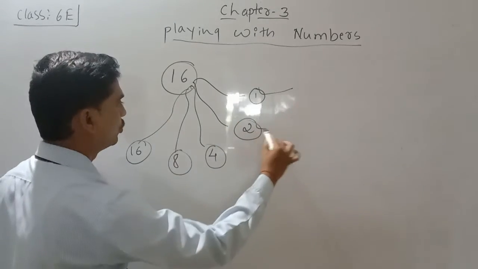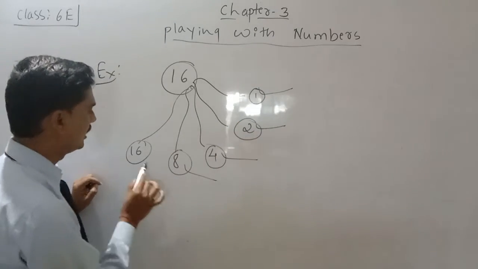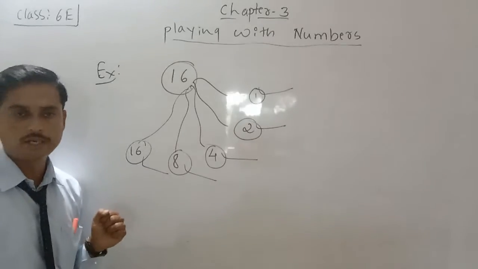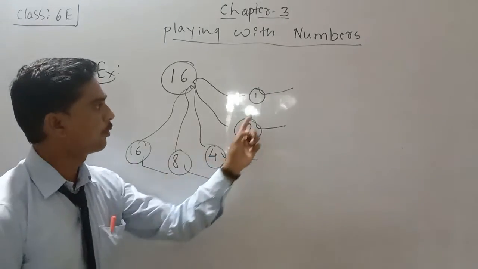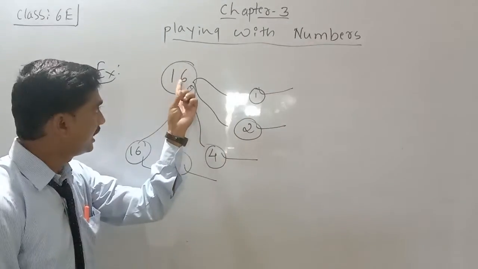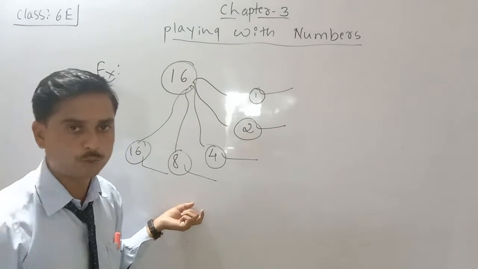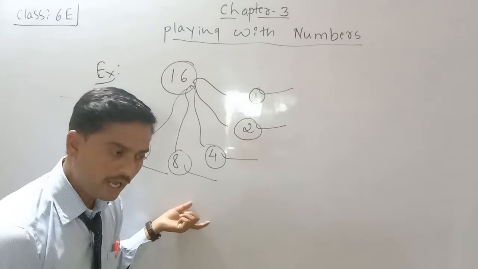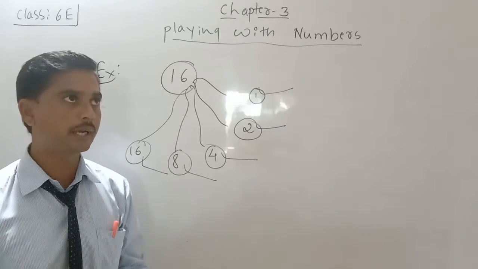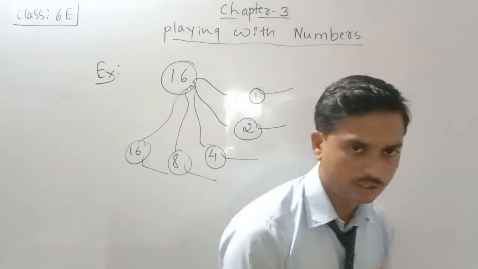Sir, 1, 2, 4, 8, 16. Total 5 factors. 16 has 5 factors means we should consider it a composite number.